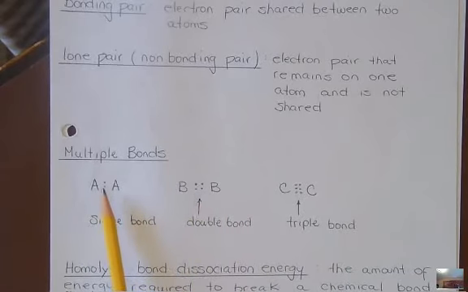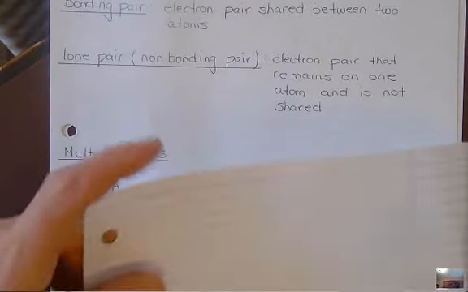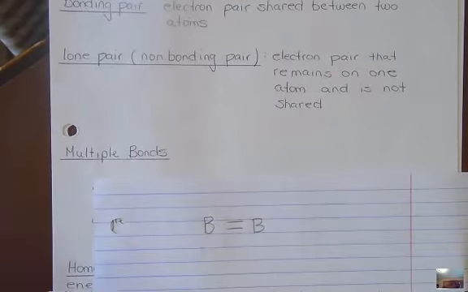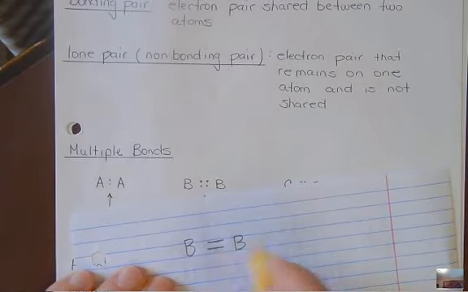So here's a single bond. It's just 1 pair of electrons that are shared. Here's a double bond. It's 4 total electrons, but you shouldn't think about it as 4 things in a little box. You should think about it as 2 sets of 2, right? Here's the first set of 2. Here's the second set of 2. So there are 4 electrons being shared in 2 bonds.